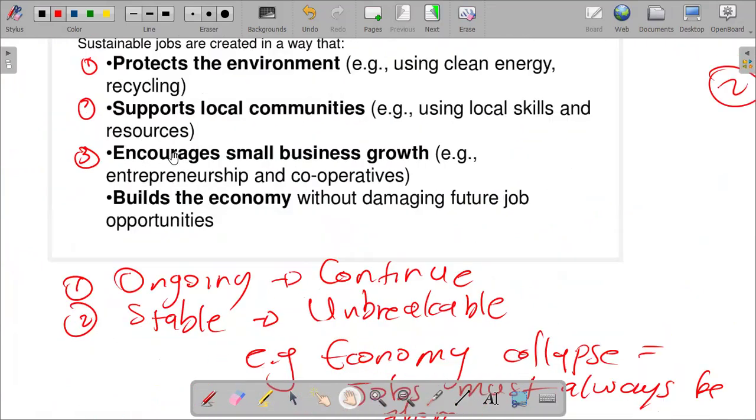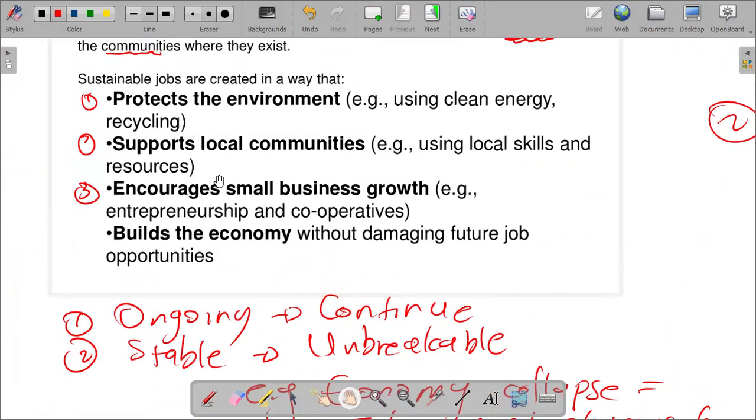So when you look at it, sustainable jobs also encourage small businesses or business growth. That's one of them, whereby they can give money to local entrepreneurship or to local businesses that are already within the particular community in order to uplift the community or to boost the economy of the community.